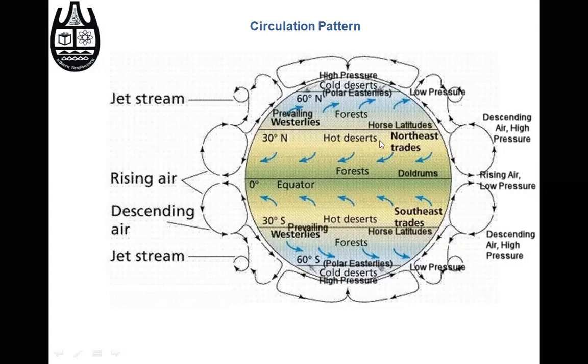In between these areas, nearly 30 degrees north, we call this wind the northeast trades and southeast trades. Why is that? Because these winds were used in ancient times for ship movement.